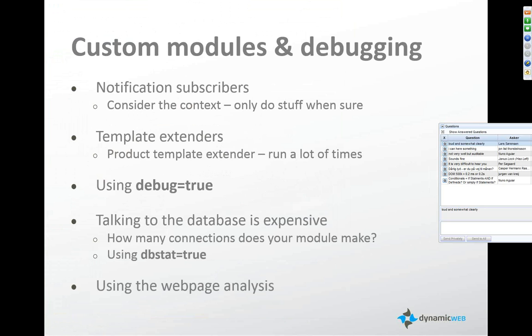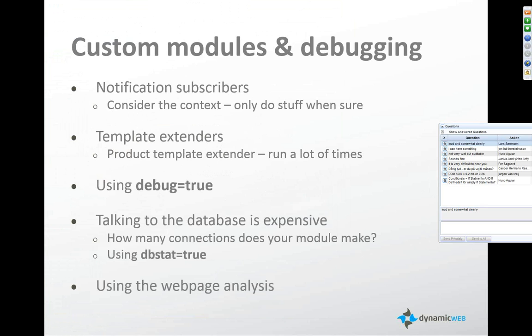So when creating a notification subscriber, consider the context. Are you in the right context right now? Check that in your code where you need this data. You can do it by using template tag exist, or you can check for parameters in the query string, and only execute the code inside the notification subscriber when you need the data or the functionality that's in it.